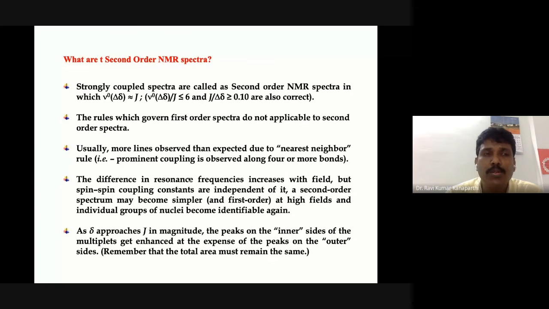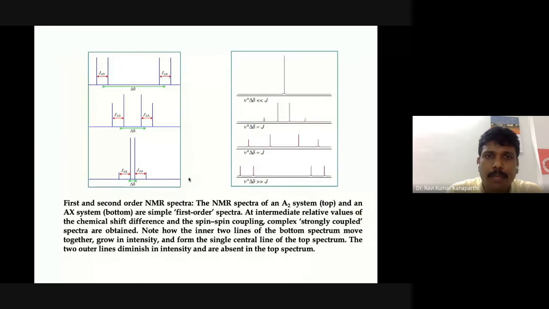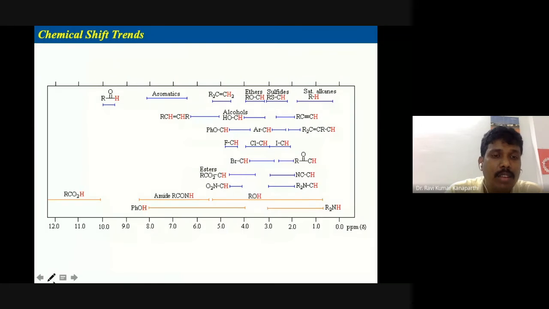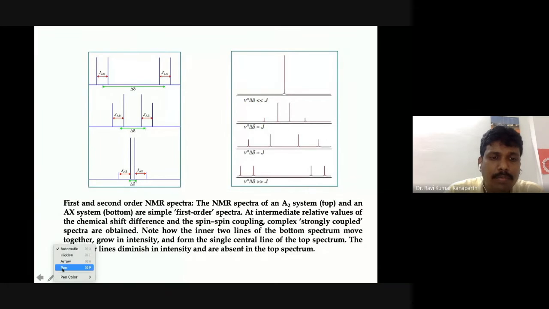Let's say you have two doublets, an AB spectrum. I think what I'm talking about is only through the text, so let me show you some image, then you will understand what I mean. Here you can see you have two different sets of NMR signals.